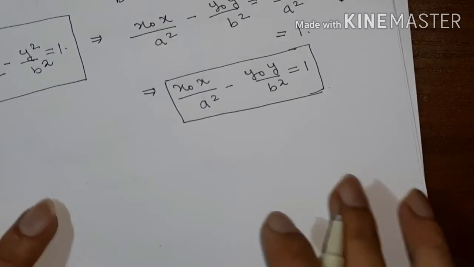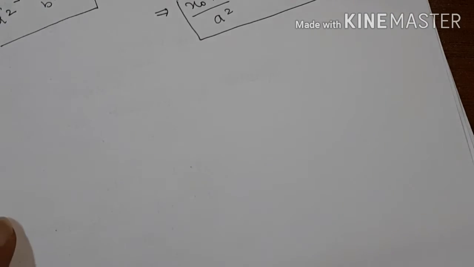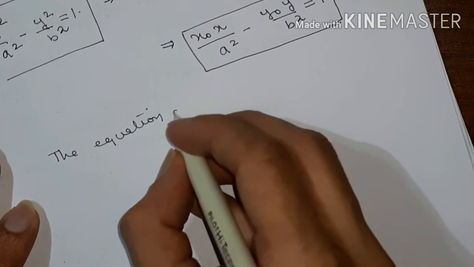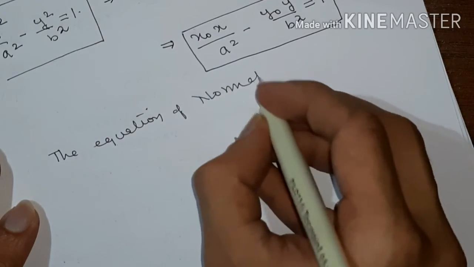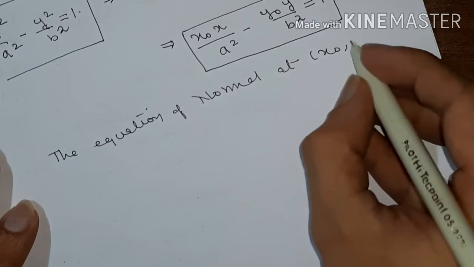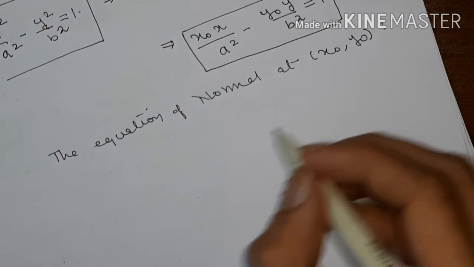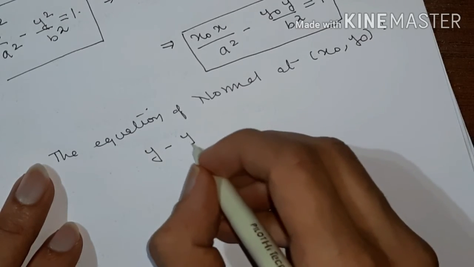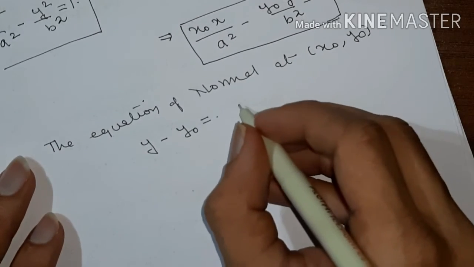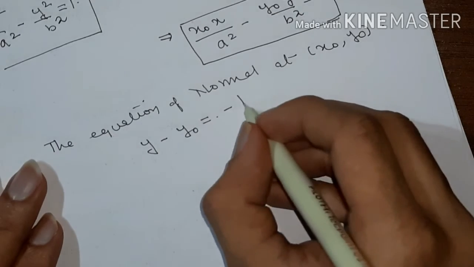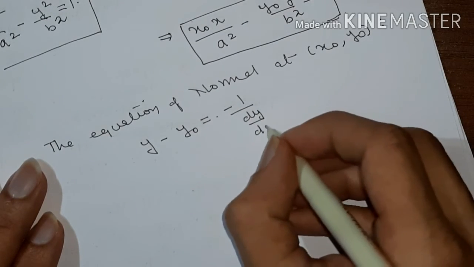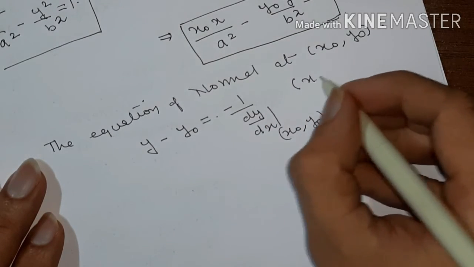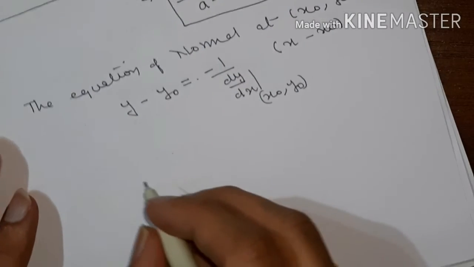Now we have to find the equation of the normal. Okay, so the equation of normal at (x₀, y₀) is what? You know that it is y − y₀ equal to −1 divided by dy/dx at the point (x₀, y₀) multiplied by (x − x₀).